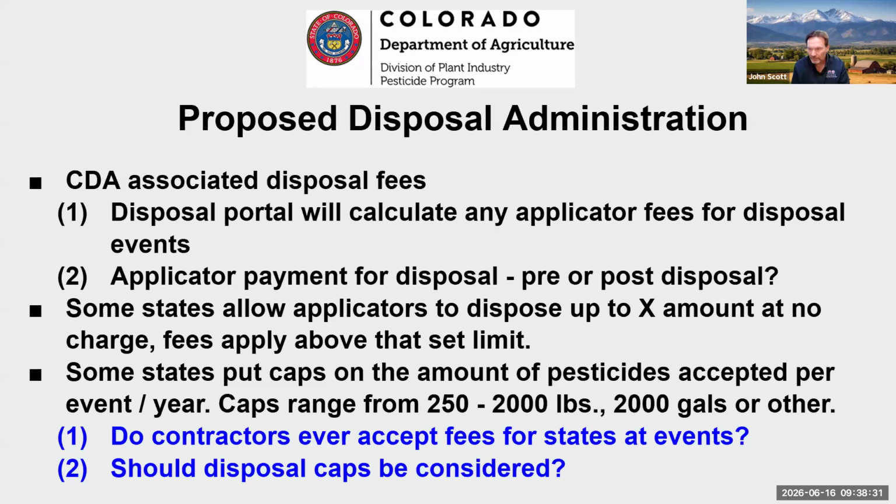Okay, good to know. And then the next question: should disposal caps be considered? That's for both of you, Kelby and Colleen, because Colleen, you said something that if you hit over certain amounts, the universal waste size amount could come in, where they could cross into a category that they'd have to have an establishment.